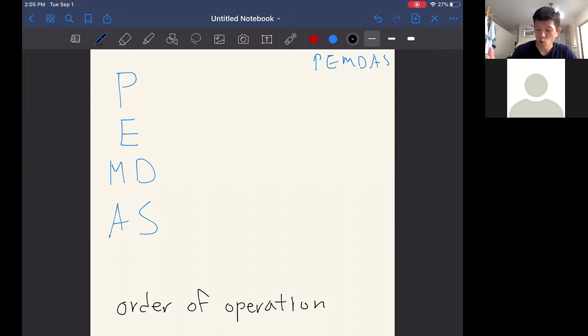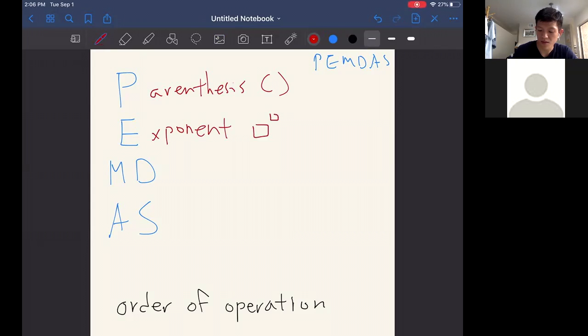PEMDAS. What does PEMDAS stand for? Well, P stands for parentheses. E stands for exponent. Okay, it's this thing right there. M stands for multiplication.